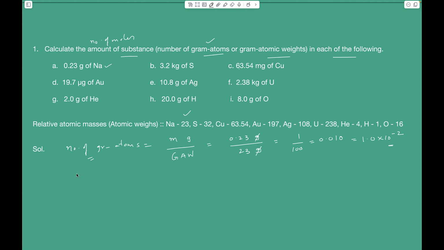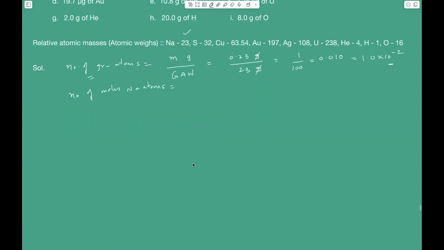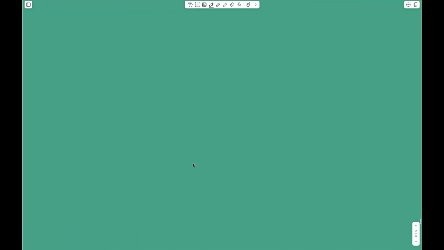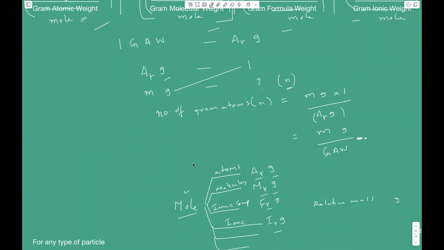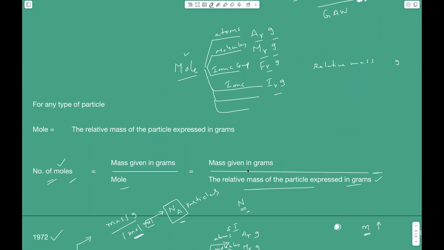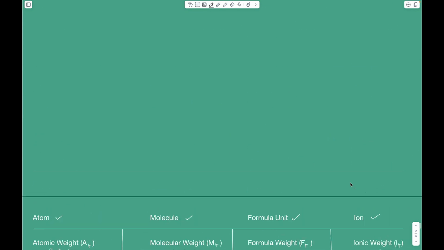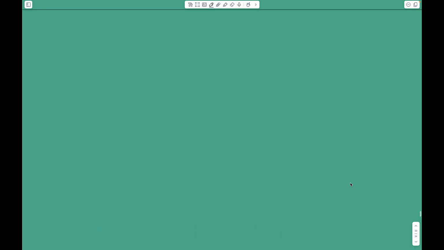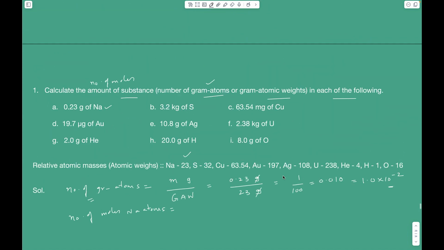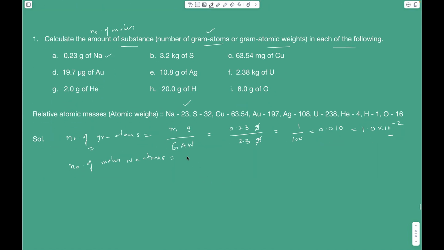Now, how do you get the number of moles of sodium atoms? Now, what is the formula for the number of moles? It is mass given in grams over the relative mass of the particle expressed in grams. What is the mass given in grams? Again, I will write it here.